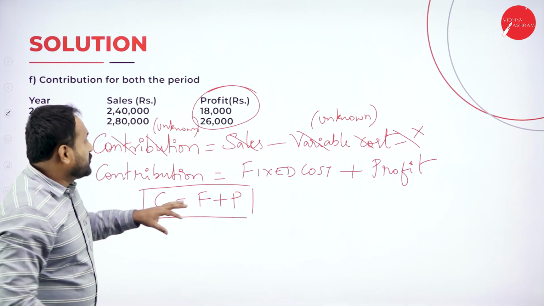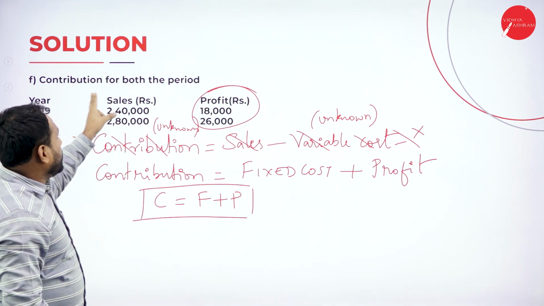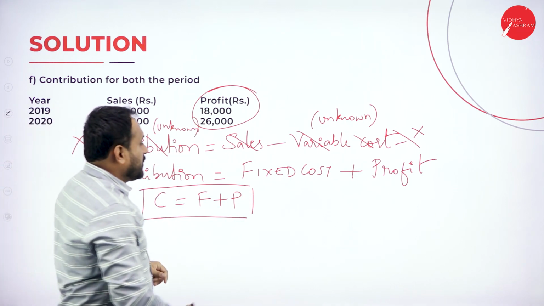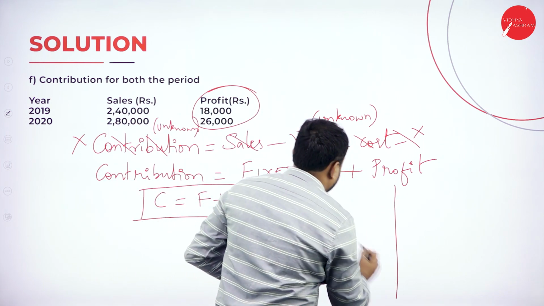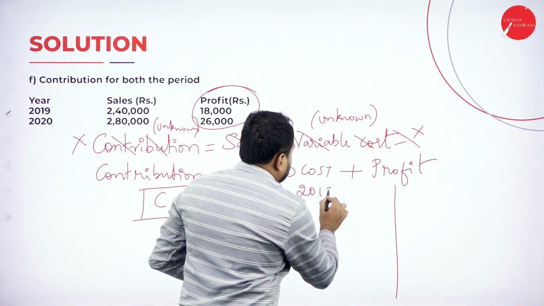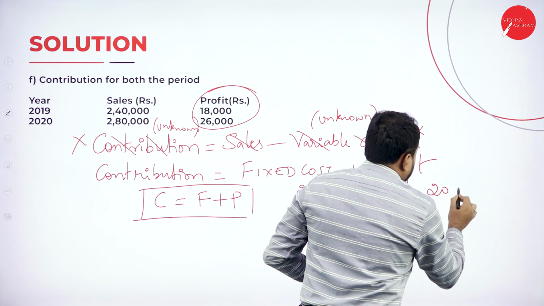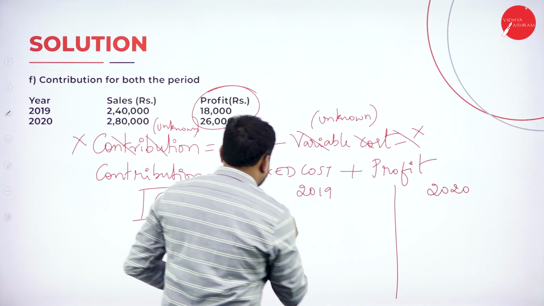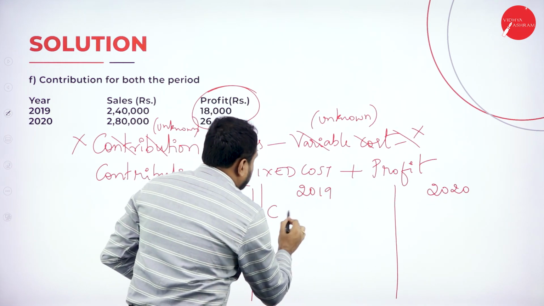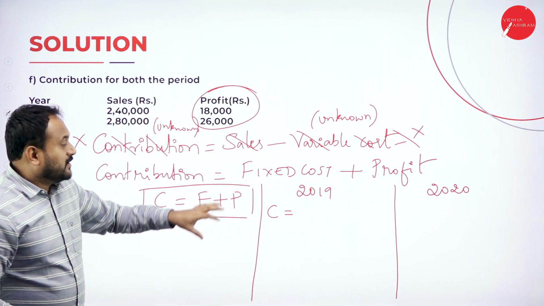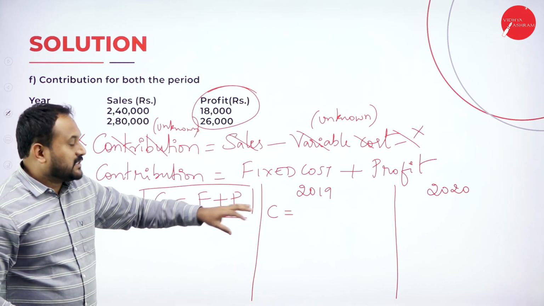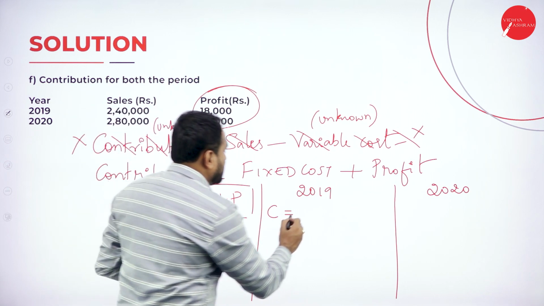Now let's go with the question, contribution for both the periods. That means contribution for 2019 and 2020. Contribution C is equal to, what is the 2019 fixed cost? It is the same, that is 30,000.